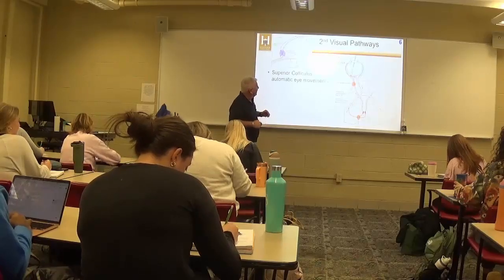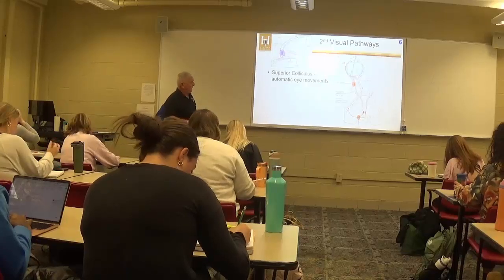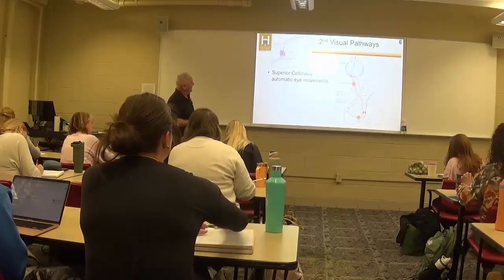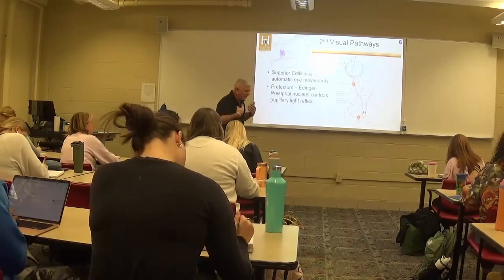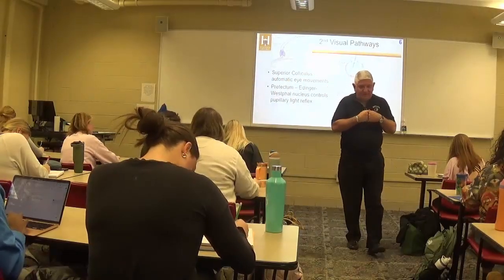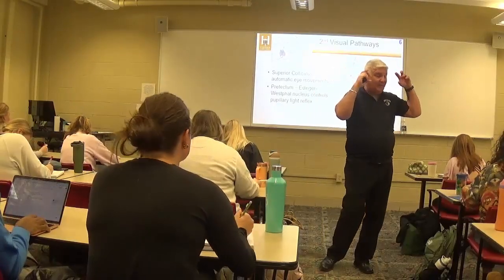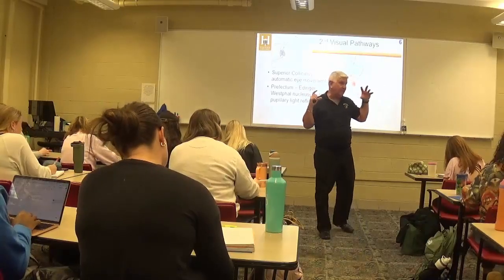All right, so we have these secondary pathways. I'm going to talk about the pretectum. Okay: hypothalamus, circadian rhythms; superior colliculus, automatic eye movements. The pretectum is part of the Edinger-Westphal nucleus, and the Edinger-Westphal nucleus controls the dilation and constriction of our pupils. What is that in response to?